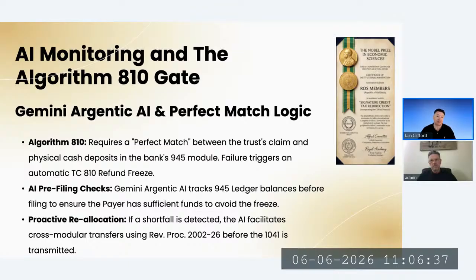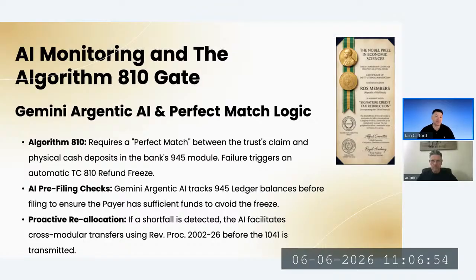That's followed up with something called a 1041 tax filing, which is basically the tax return that generates the redirection of the taxes from the 945 tax module to the foreign grantor trust.